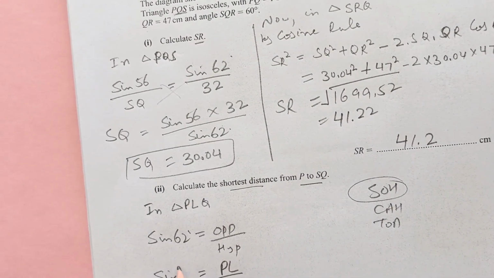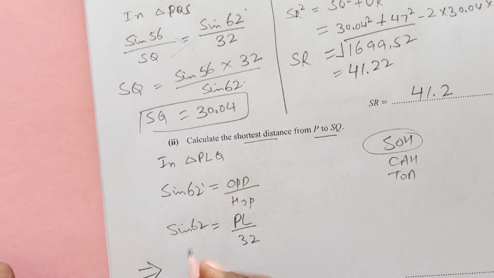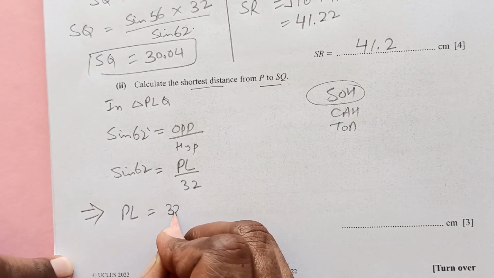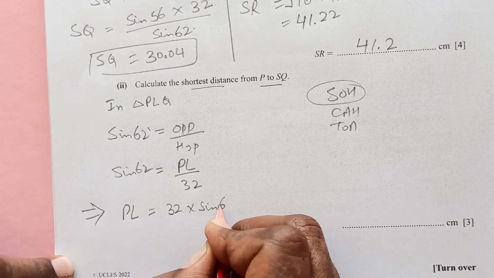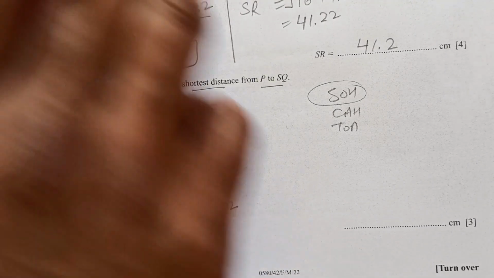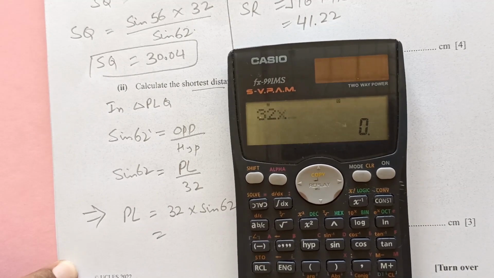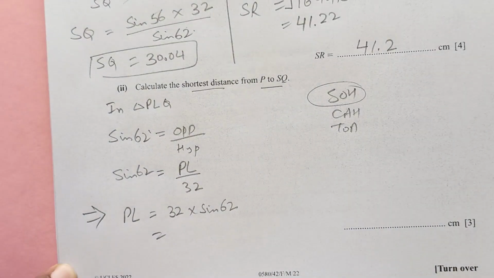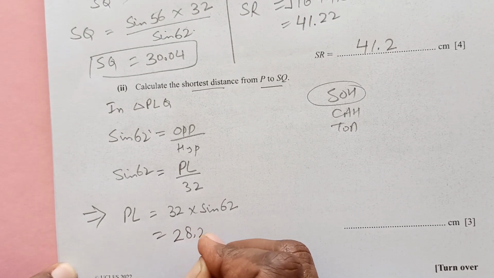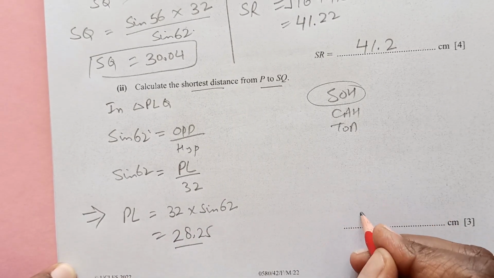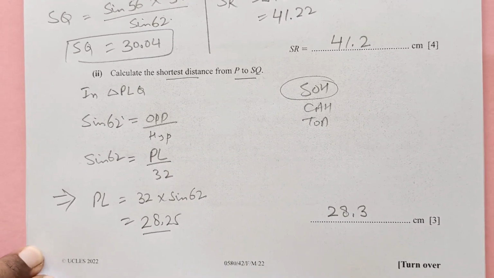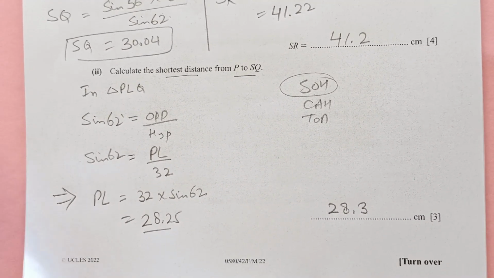So from here we are going to have PL equals 32 times sine 62. 32 times sine 62 is 28.25. So to three significant figures it is 28.3, right? So that's it for this question number 4.